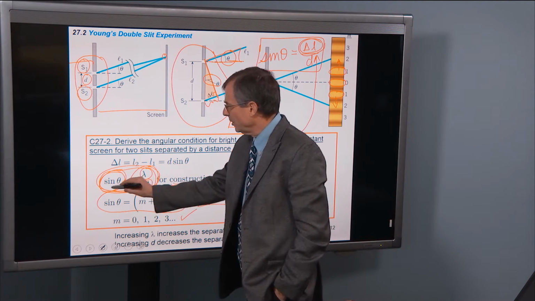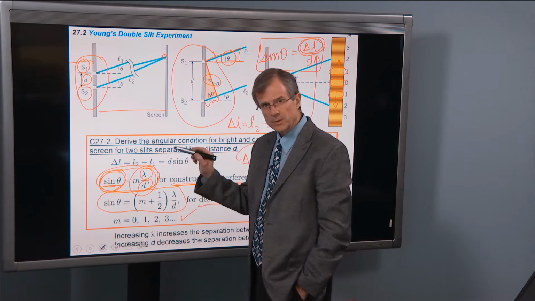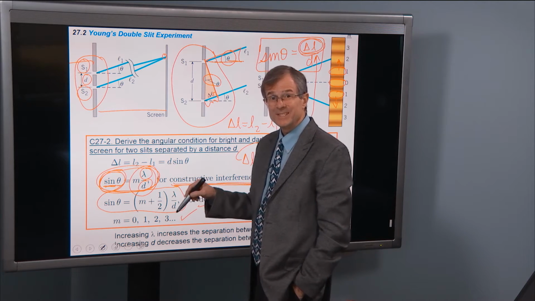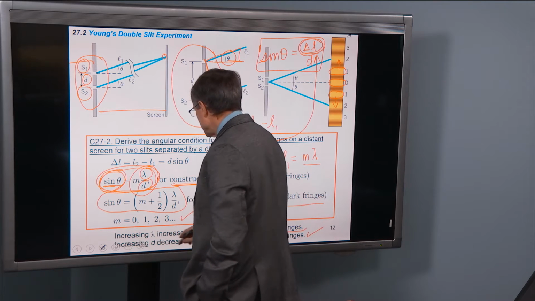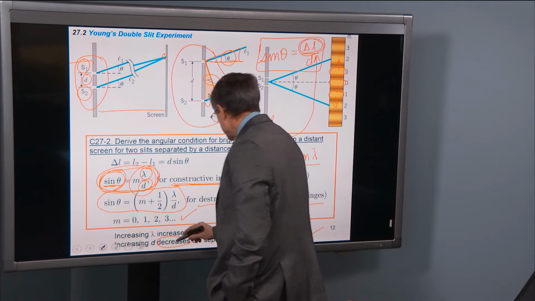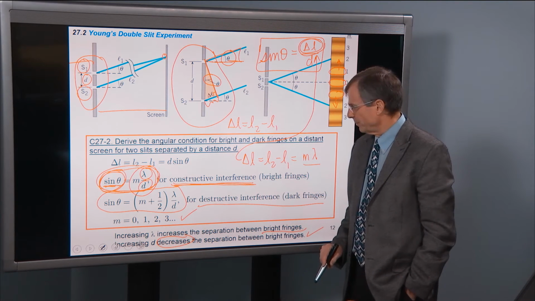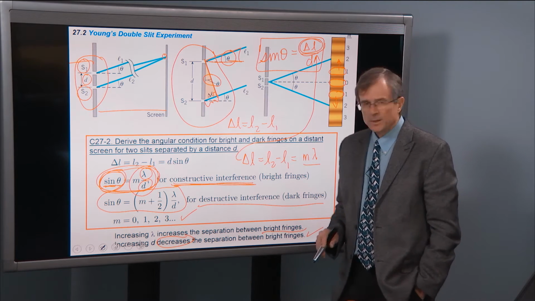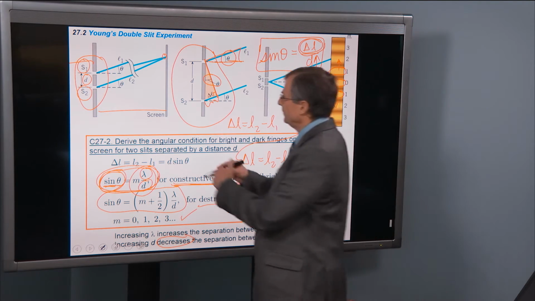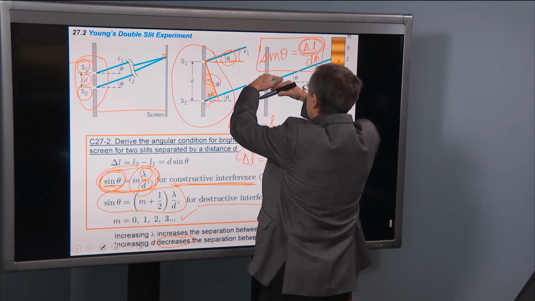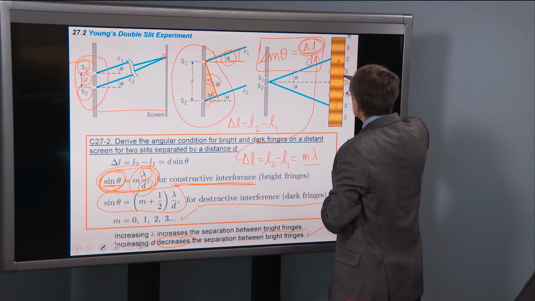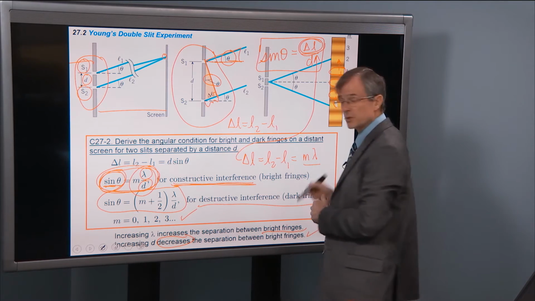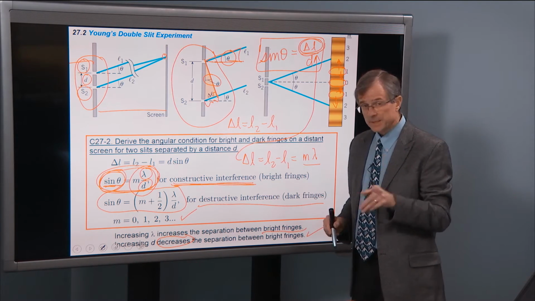So the angle, the separation between those bright fringes, is going to decrease. So increasing D decreases the separation between bright fringes. So what does that mean? If we increase the separation between these two slits, then the bright fringes are going to come closer together. That's the key point.